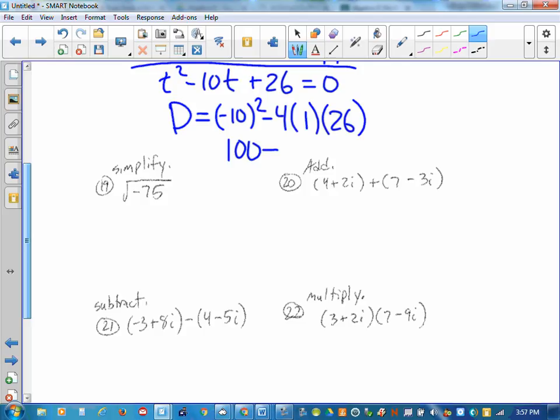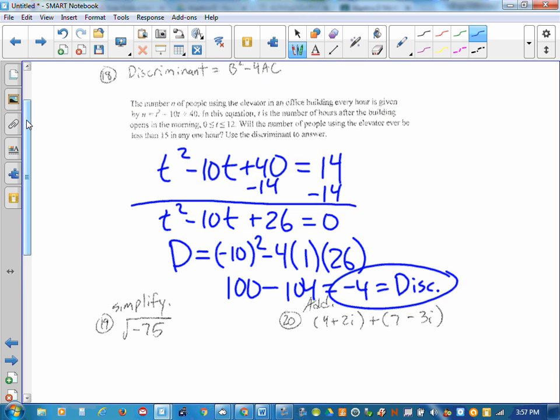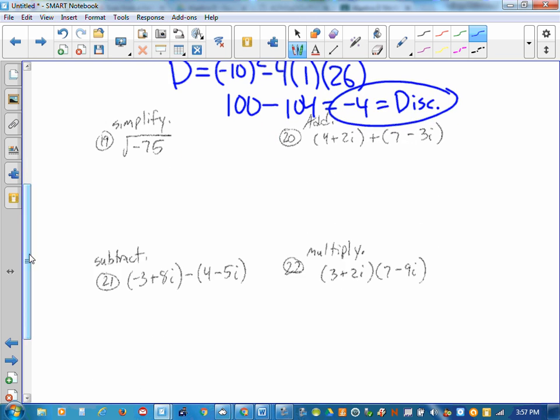Yes, 104. When I subtract that, I get negative 4. So the discriminant is negative. Since the discriminant is negative, that means this situation is impossible. It cannot happen. So when the discriminant's negative, it can't be a possible situation. So there's never less than 15 people on the elevator.